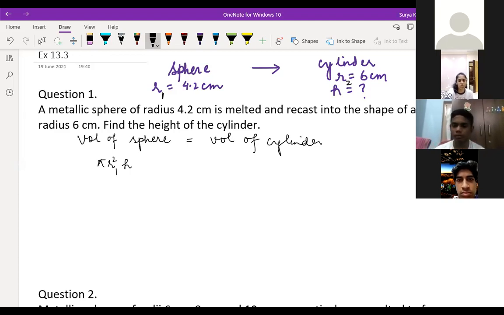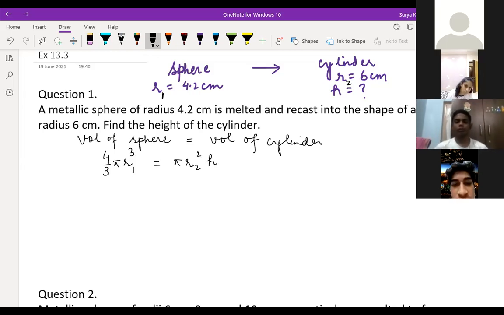A sphere is there, so we should not write pi r square h. What should we write, Javian? Yes sir, 4 by 3 pi r cube. So 4 by 3 pi R1 cube is equal to pi R2 square h.